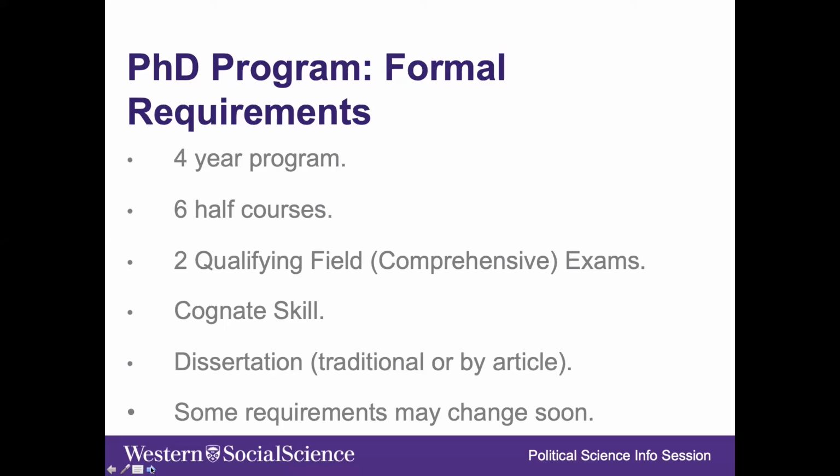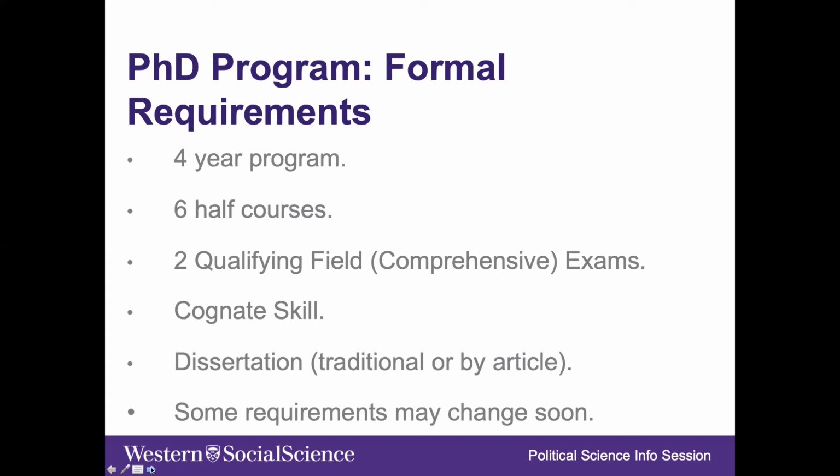So you identify 2 fields. Say I'm going to be a Canadian politics person and a comparative politics person. Then you must take the core course in Canadian politics and the core course in comparative politics, then an elective in Canadian and an elective in comparative, and then you have 1 free elective that you can take, for which we encourage the methods courses.